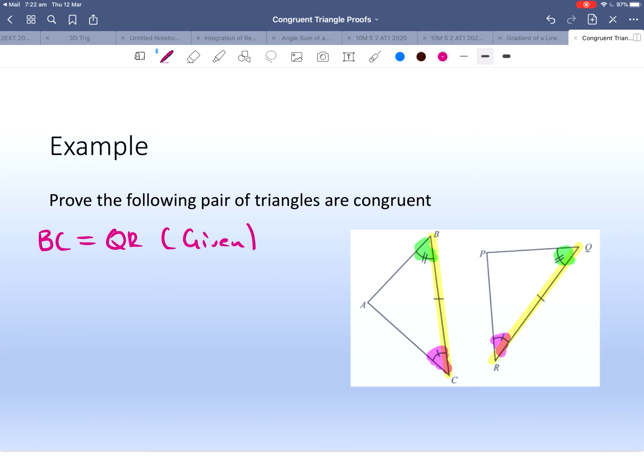Now I'm going to go angle, and this is how I'm going to draw my angle. ACB. See how this angle starts at A, it joins at C, and that's B. So I'm looking at this angle here. So I'm going to go angle ACB is equal to ABC.